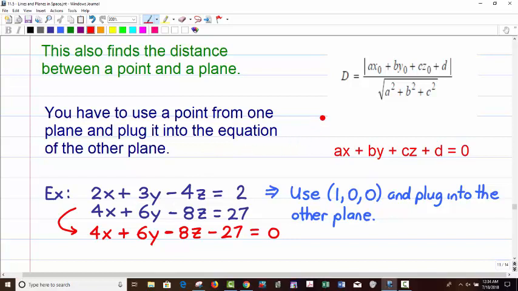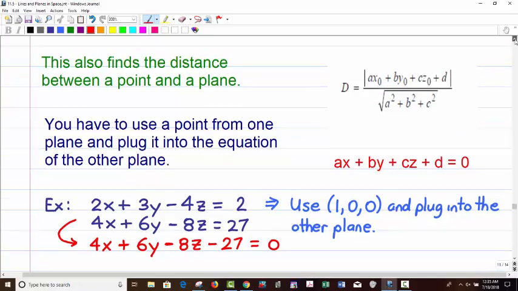Now here's the formula: A, B, C. We'll talk about the D thing here in a minute. This means you're in this form right here. So if this constant is on the right side, you have to set this equal to 0 and move it to the other side.